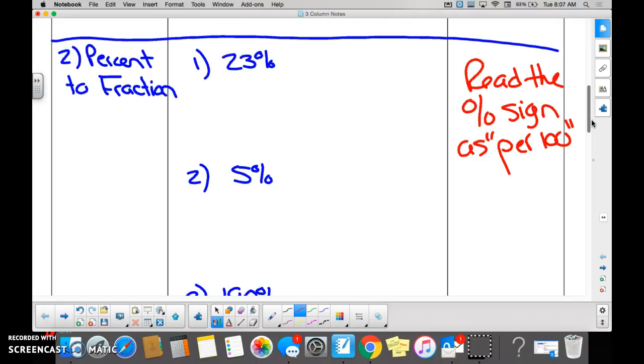We're going to read it as 23 per 100. Our fraction is 23 over 100 because per can be read as a fraction bar. So the per sign right here also means you're writing a fraction bar.